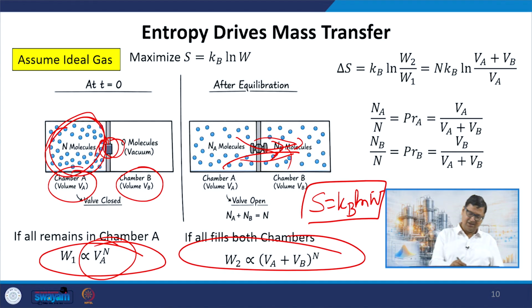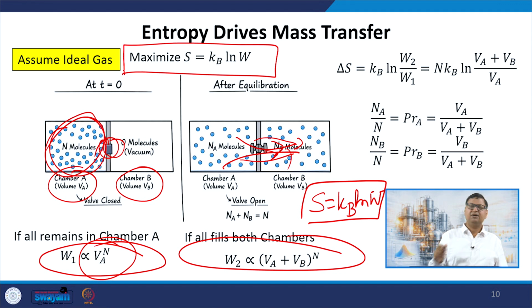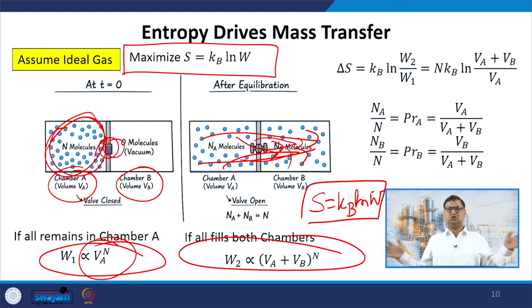So essentially, we will try to maximize the entropy, and entropy will get maximized if every molecule can go from here to there and vice versa. If they can freely move around in the two chambers, every molecule has more room to play.